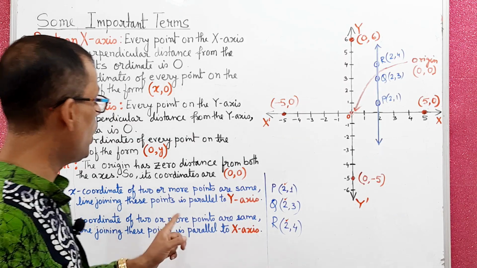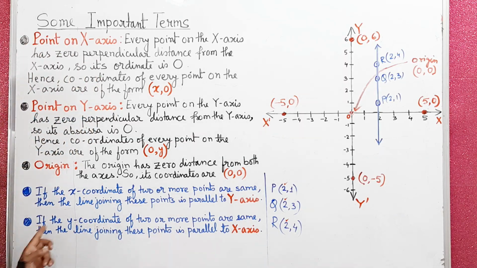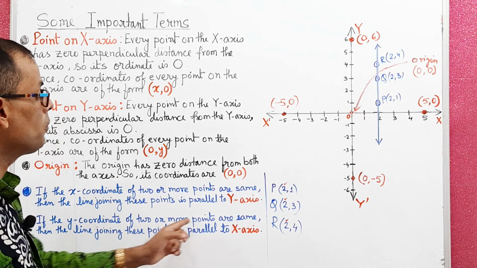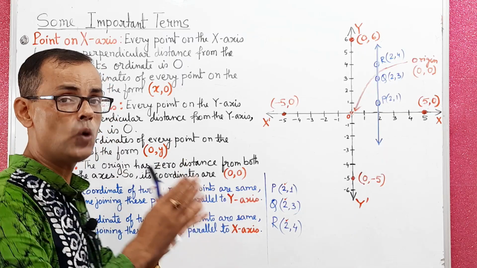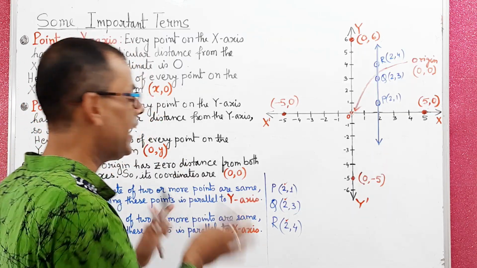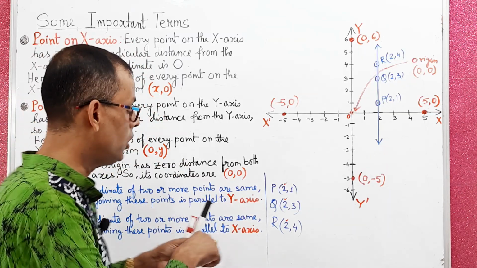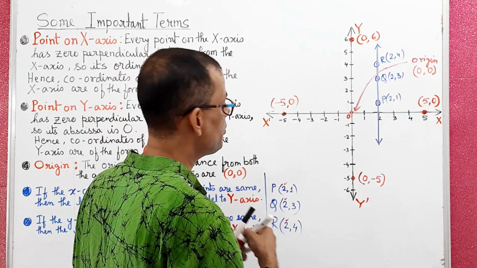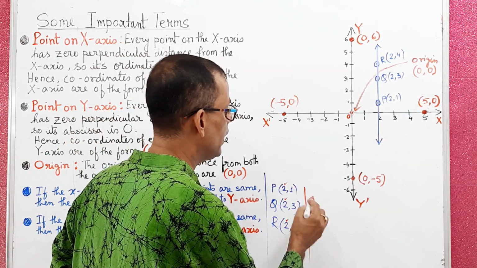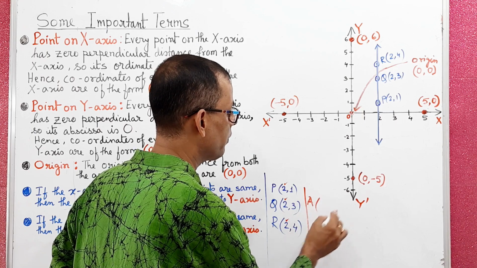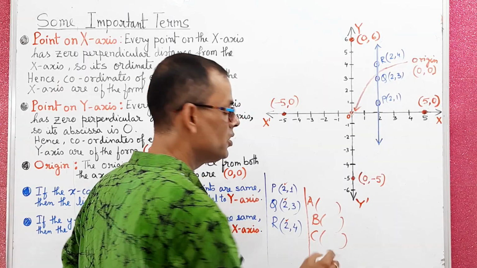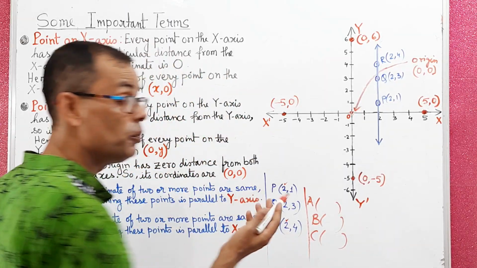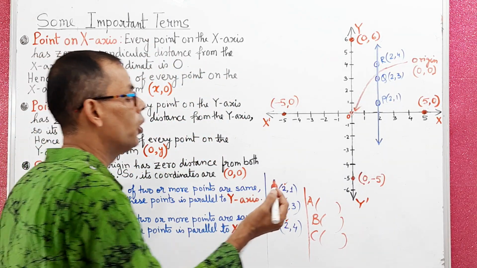If the y coordinate of 2 or more points is the same, see nicely, now we will keep the y coordinate the same, but the x coordinate can change. So now let us first take one example. Let us take one point A, then one point B, and then one point C. So 3 points, because they said 2 or more. So I am taking 3 points.